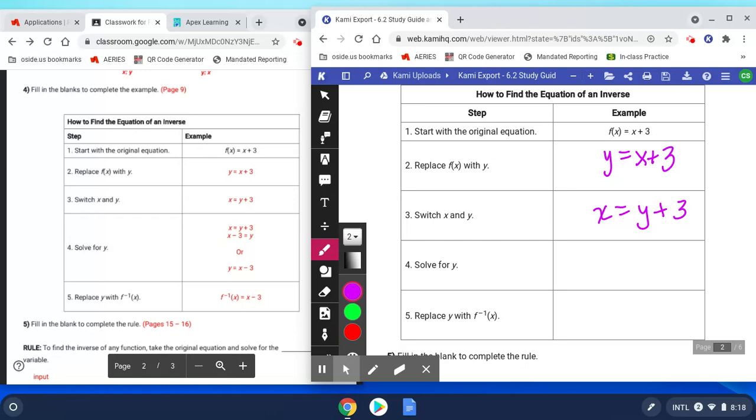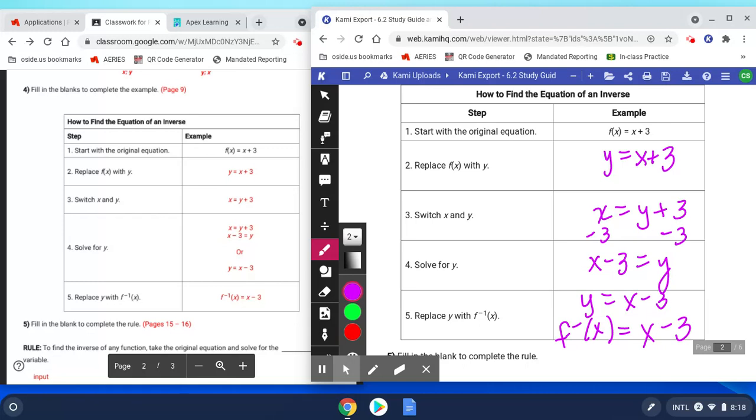Step 3 is to solve for y. And remember that I then switch it around and I write it as a y equals in front. And finally, replace y with the inverse notation of f of negative 1 of x.